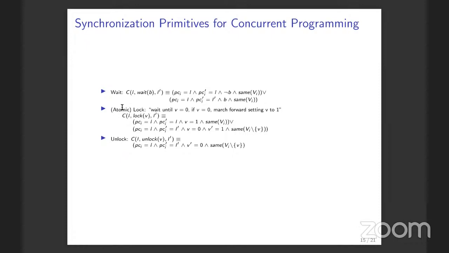Concurrent programming languages usually use them to constrain access to shared resources, such that you can avoid data races. Different programming languages provide different ways of blocking the process and so on, but some very common ones are these.